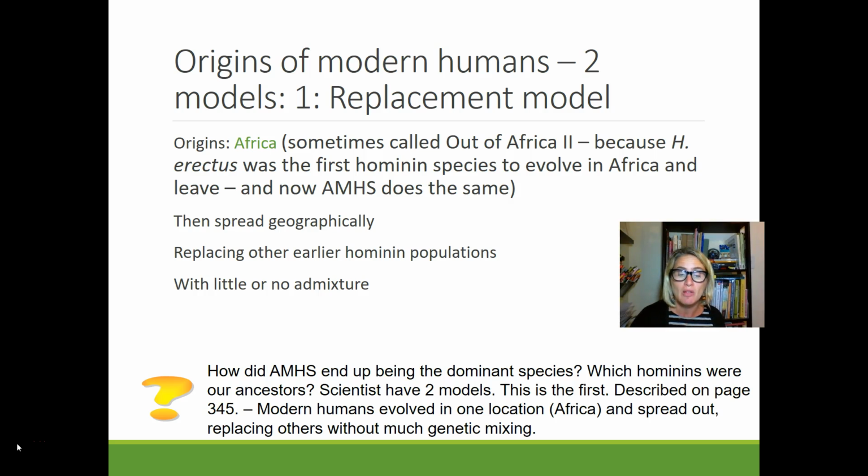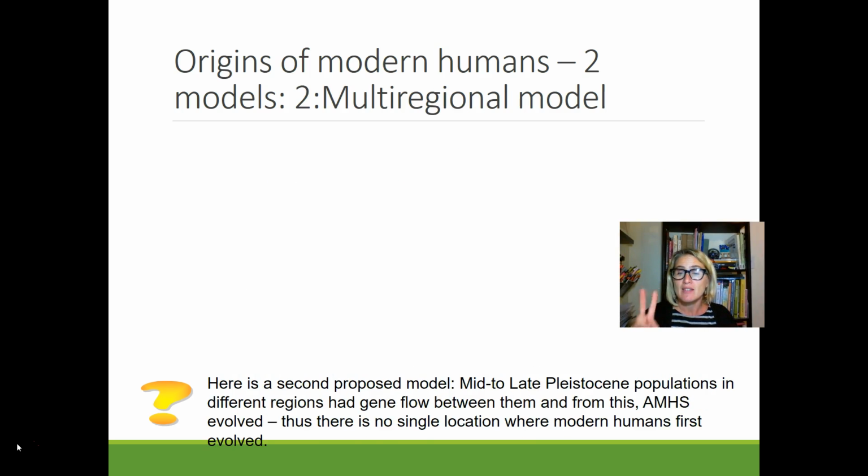In other words, rather than mating with and absorbing those populations or mingling with them and becoming a hybrid, there's very little mixture going on. The second main model we'll talk about is called the multi-regional model. And this model has this idea of these populations in these different regions during that mid to late Pleistocene having gene flow between them.